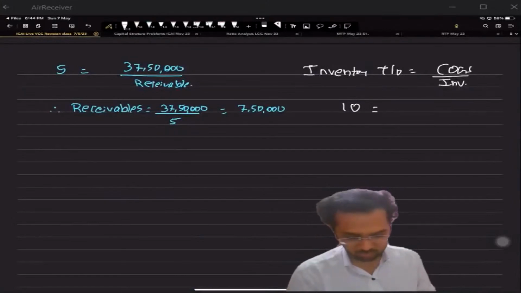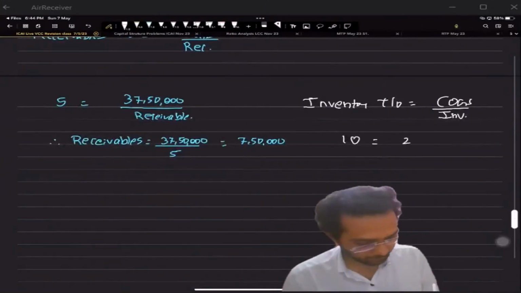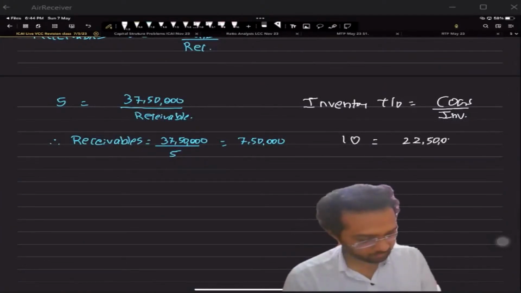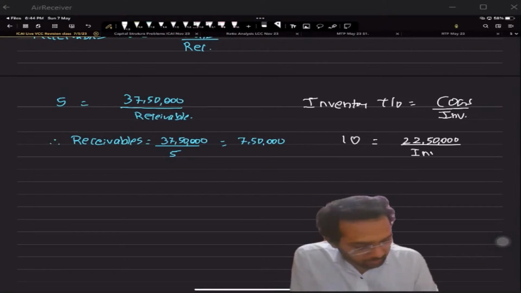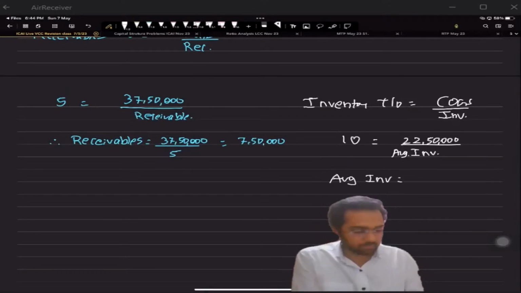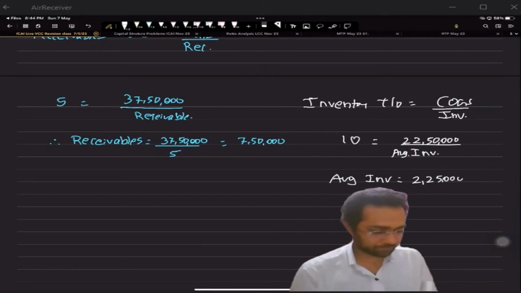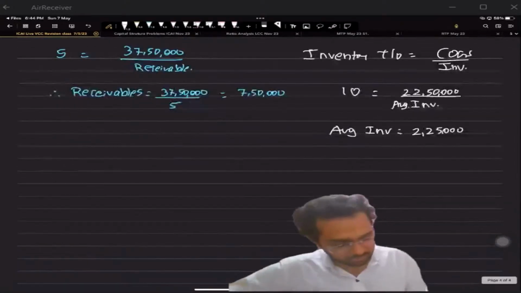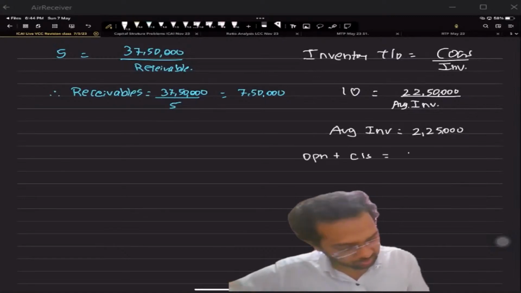So 10 is equal to COGS, 22 lakh 50, divided by the inventory value. And obviously this is our average inventory. So we get average inventory to be 2 lakh 25,000. Now we know average inventory is opening stock plus closing stock, divided by 2.